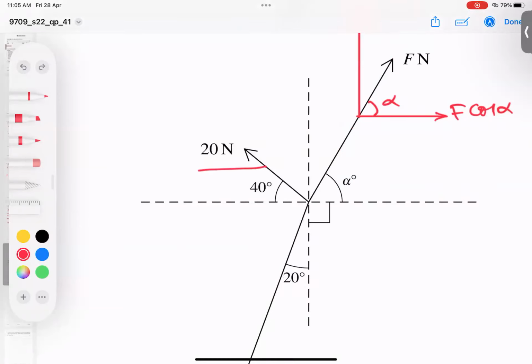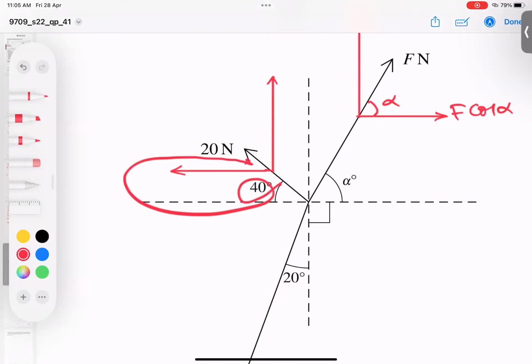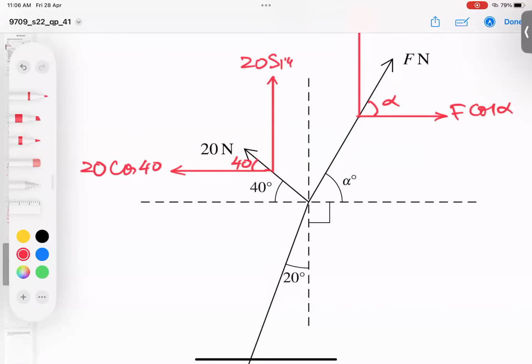One force acts this way and one force acts this way. This angle is 40, so the force is 20 cos 40, and above is 20 sine 40.